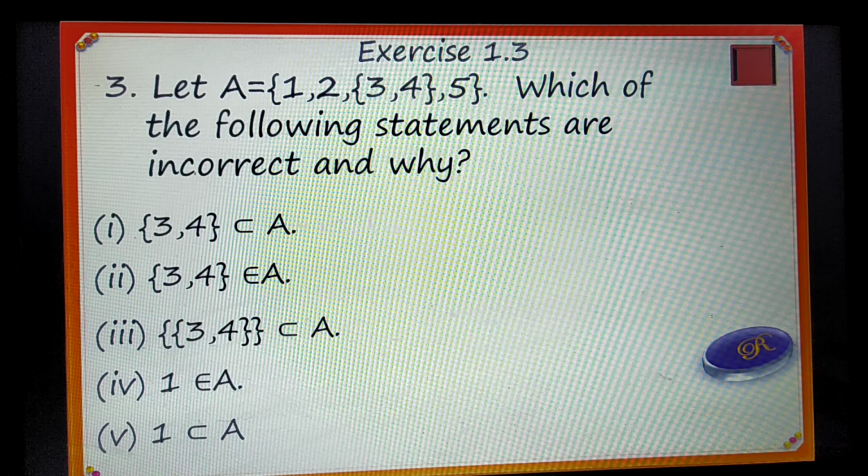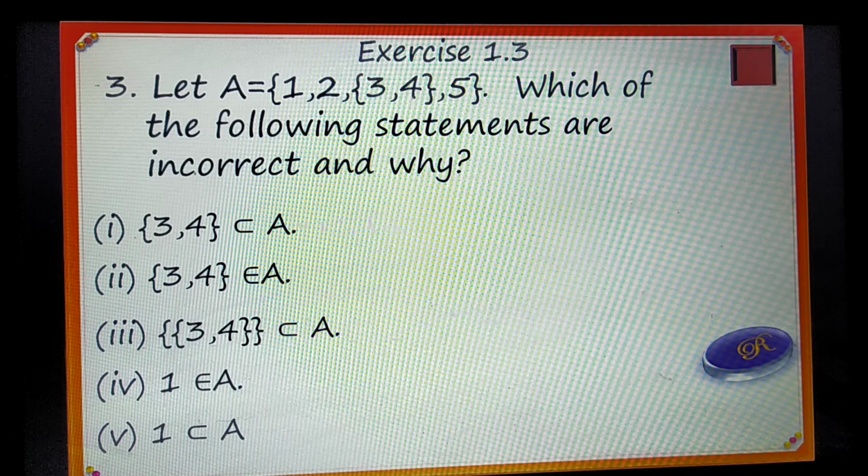Question number 3. Let A equal to set with elements 1, 2, set with elements 3, 4 and 5. Which of the following statements are incorrect and why? Statement 1.